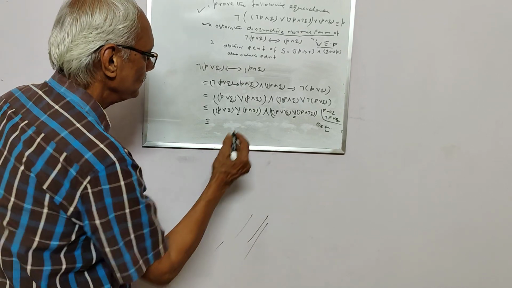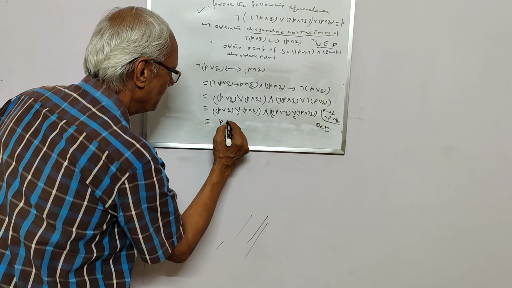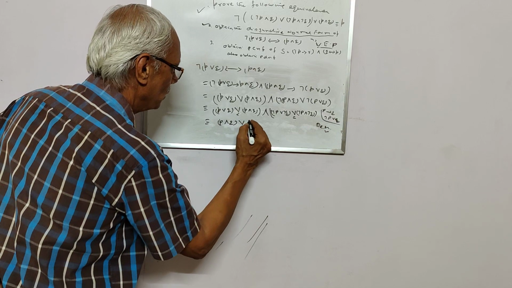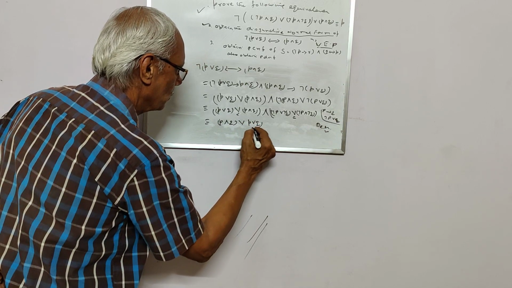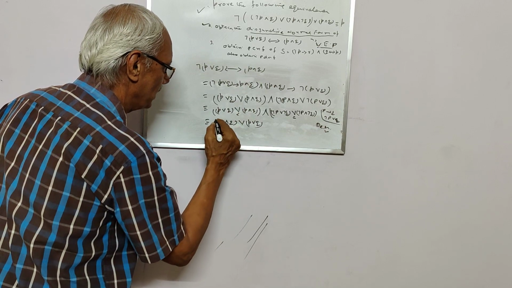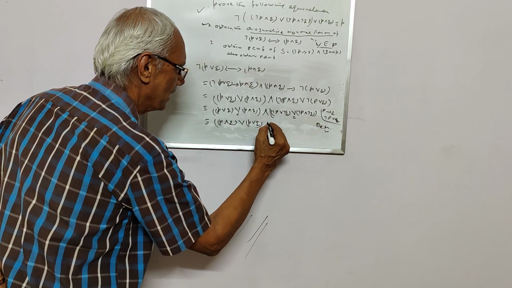Okay, now I'll write this as P conjunction Q union P union Q. Here I use the commutative law, and I can put it like this.